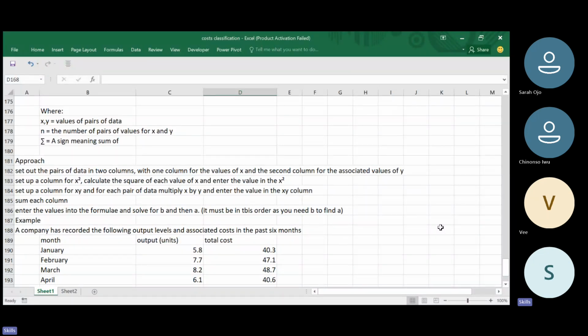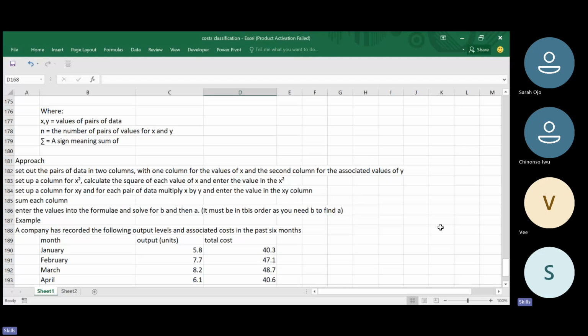Calculate the square of each value of x and enter the value in the x squared column. Then set up a column for xy, and for each pair of data, multiply x by y and enter the value in the xy column. Sum each column, enter the values into the formula, and solve for b, then a.